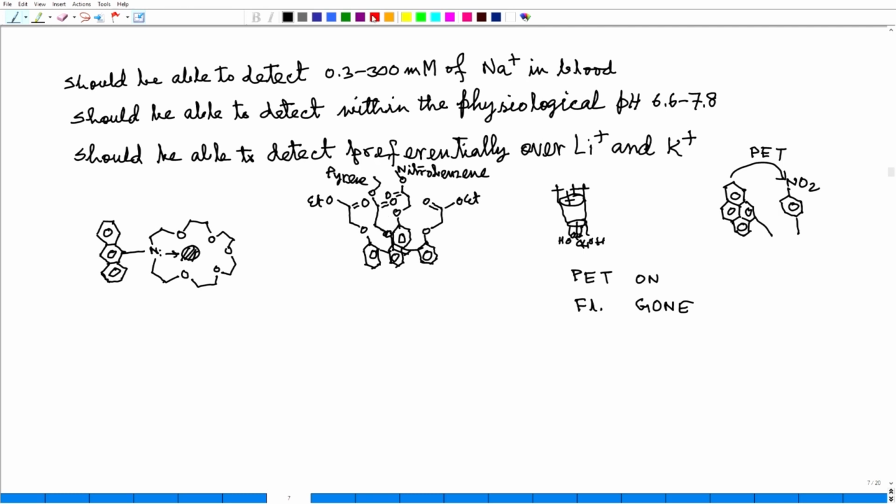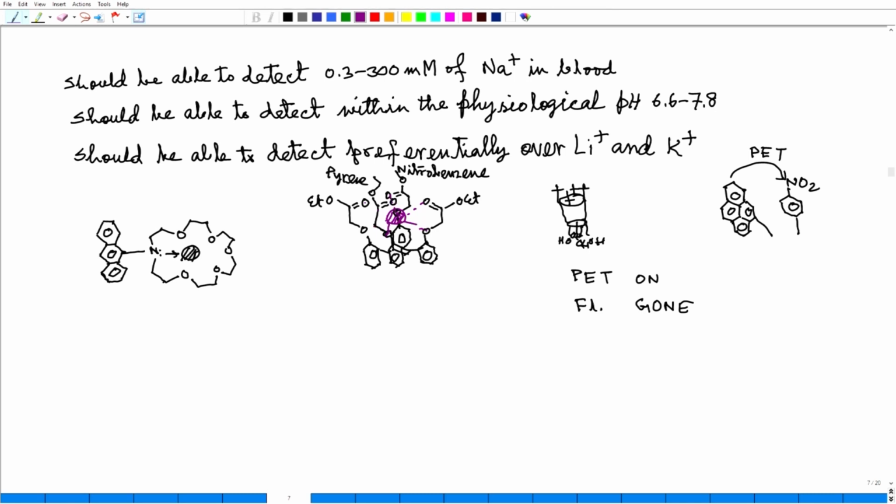Sodium, how about this? Okay. So, when I put sodium here as input, what will happen? Sodium will bind to this oxygen, all these oxygens it will bind to.